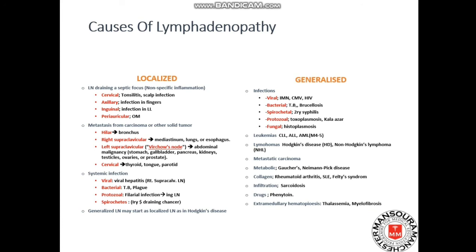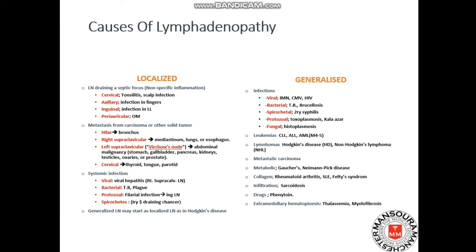The most common cause of enlargement of this left supraclavicular group is abdominal malignancy as GIT, stomach, gallbladder, pancreas, and also the kidneys and testicles, ovaries, and prostate. Cervical group, the most common cause of enlargement is metastasis from thyroid, tongue, and parotid.